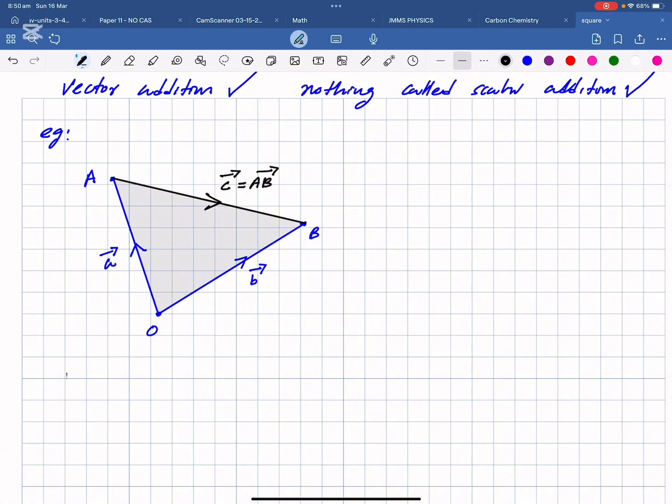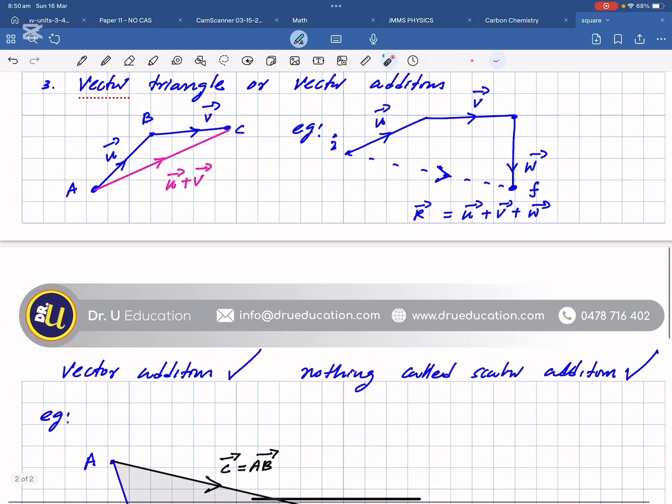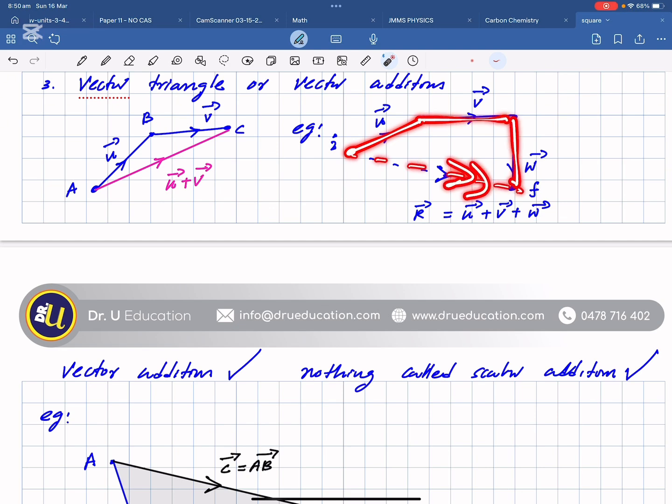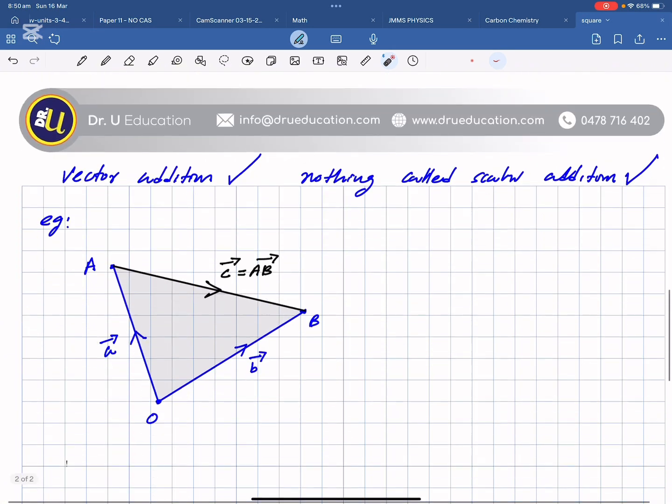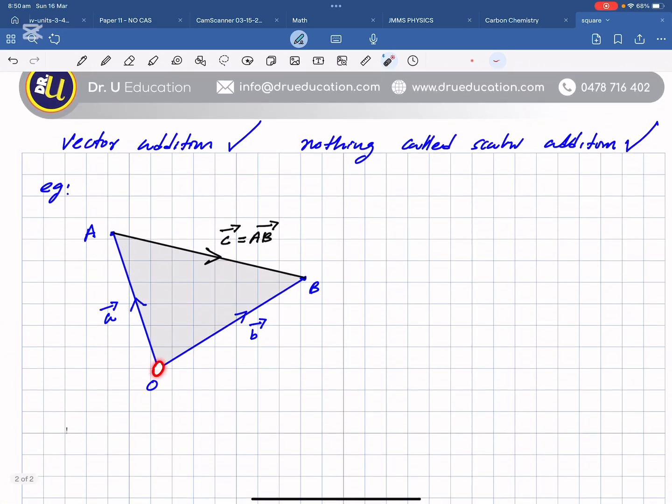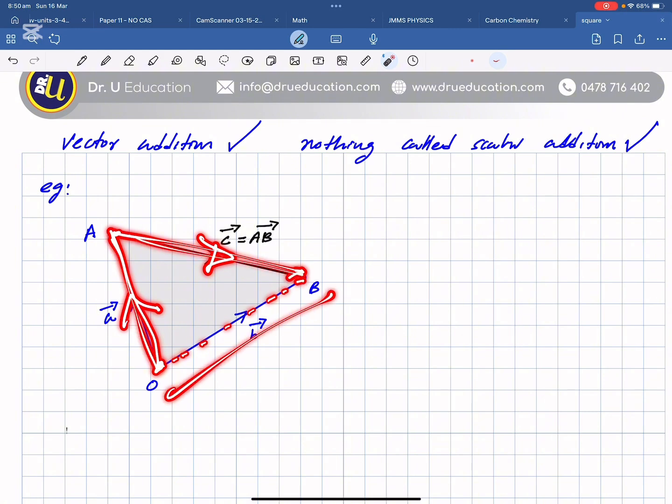This is very easy. Now we understood vector addition, right? What is vector addition? Vector addition means you start from here, you go here, you go there. Finally, what happened? Initial to final, see? If you start from here, you can use any pathway. You start from here, you go here, then again you go here. It is similar to you are going from here to here. So the vector addition tells you this plus this is equal to this.